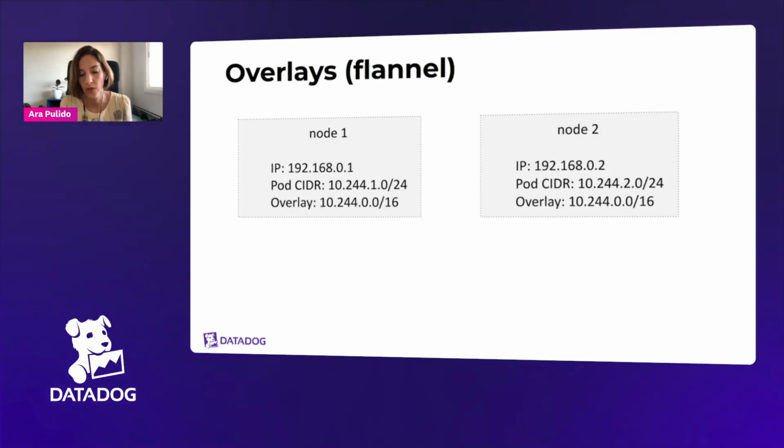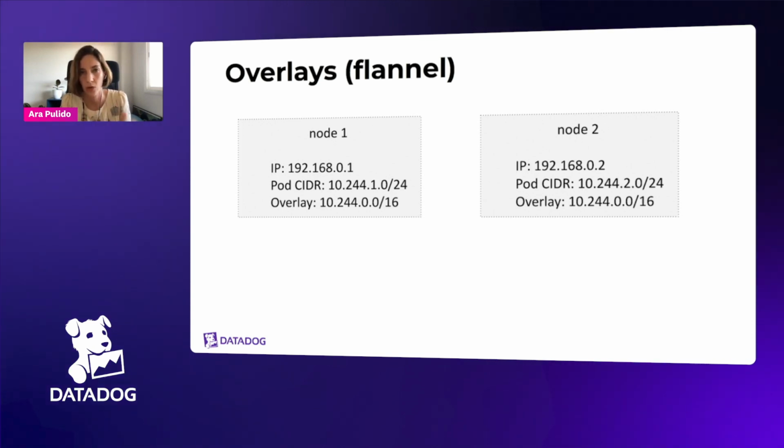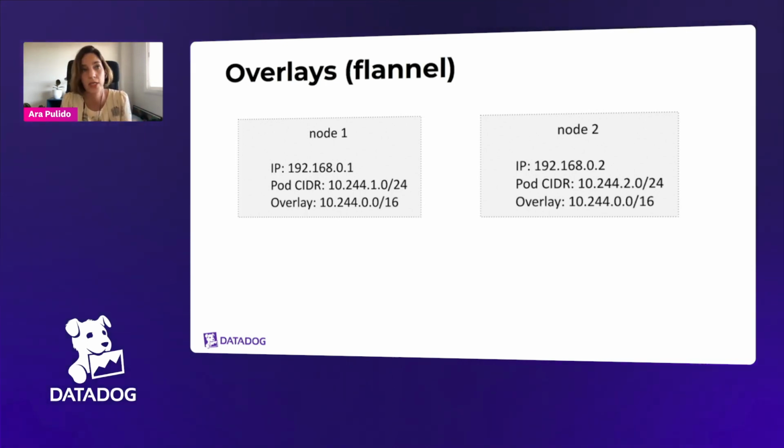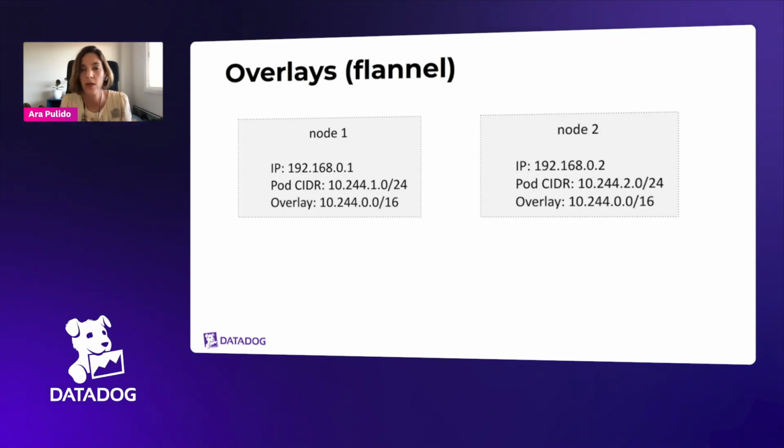Actually, if you run one of these simple distributions of Kubernetes like MicroK8s or K3s, they're using Flannel, because it's very simple to understand. Basically what it does is create a network overlay, and all the pods are going to get an IP from that overlay.